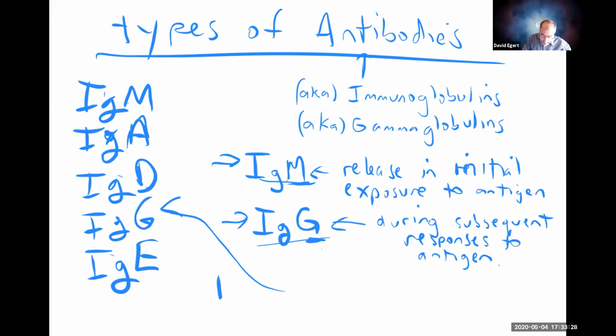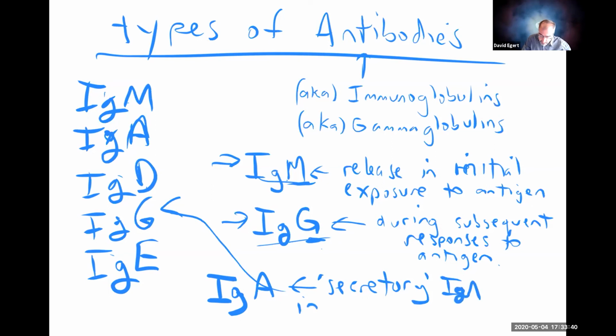IgA is also useful to know about. Secretory IgA is in your mucus, etc. We talked about the mucus being inhospitable because it's not just sticky, but it also has lysozyme.